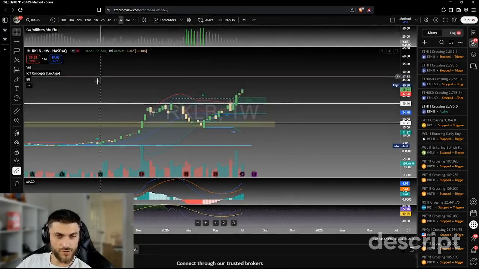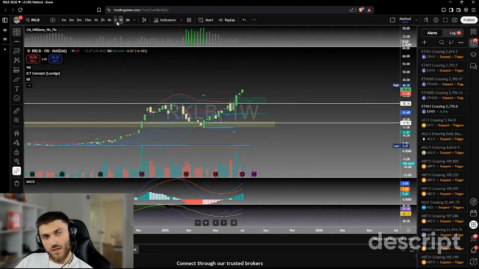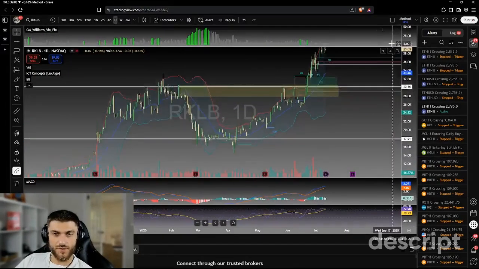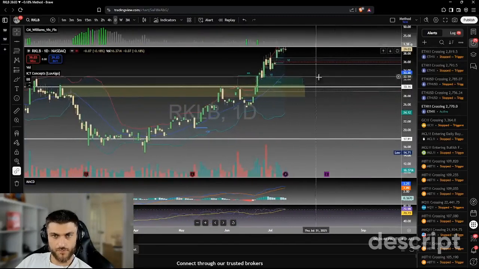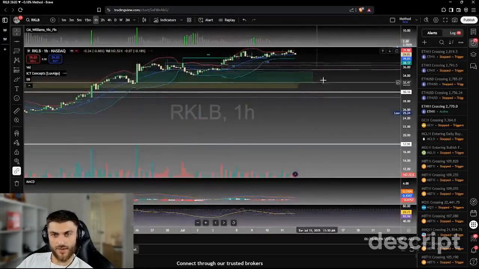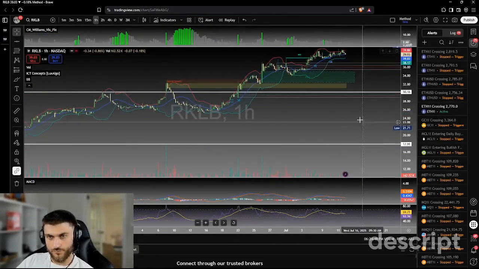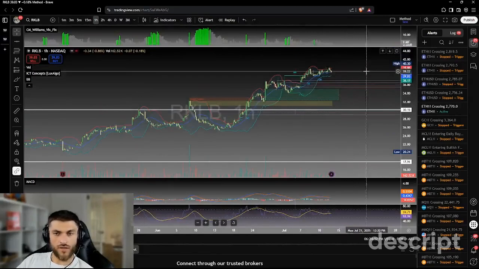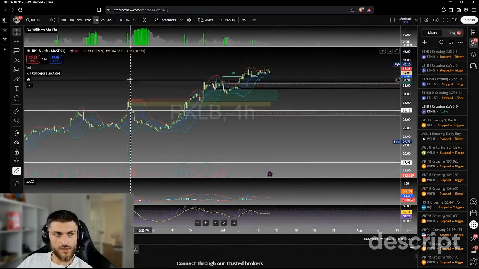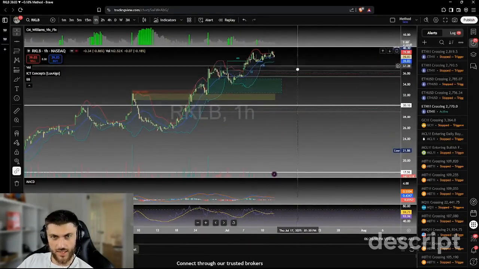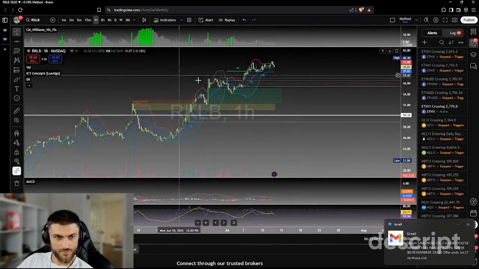And on the weekly, that just shows me there's a lot of volatility and momentum in this right now. All right, yeah. Just from going from the weekly to daily and then down to the hourly, what I'm seeing here on Rocket Lab is... honestly, I would just be expecting a retracement.